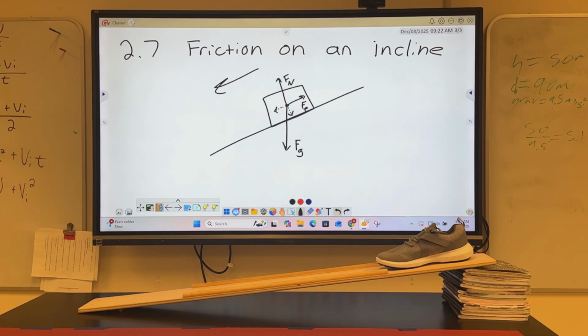Think about their directions. Yeah, they're going to be perpendicular to each other, right? Because the normal force is perpendicular to the surface. The friction force is going to oppose the motion of that surface sliding one way or the other. So this is going to be the same but different. But we're going to have a 90-degree angle in there.